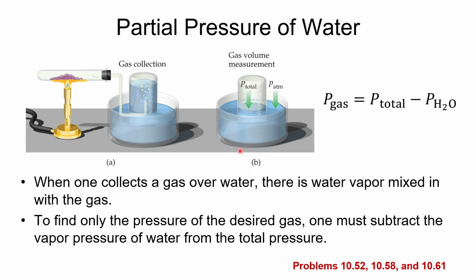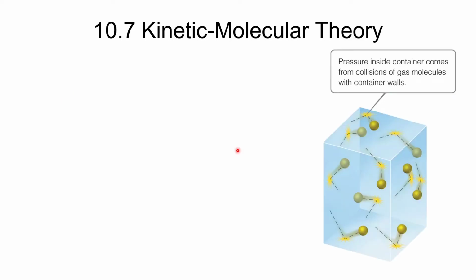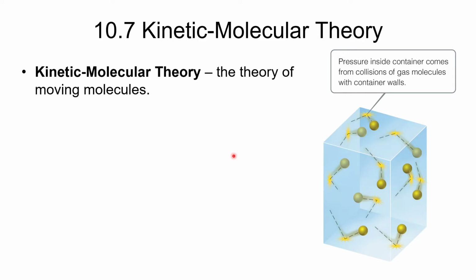All right, so now we want to look at this last section, which is talking about kinetic molecular theory. And kinetic molecular theory is a theory that helps us to understand gases. It's the theory of moving molecules. We know that our molecules are constantly moving around.